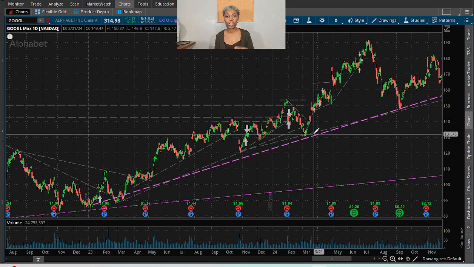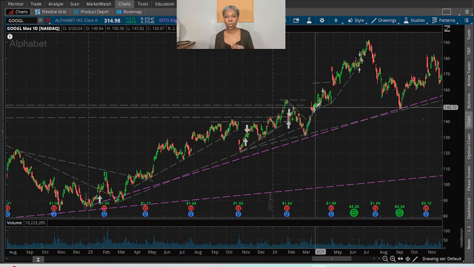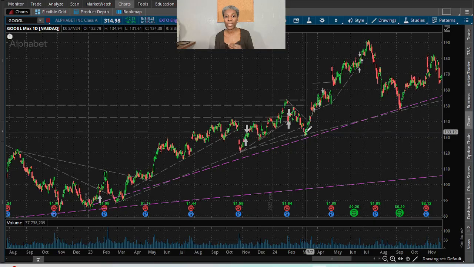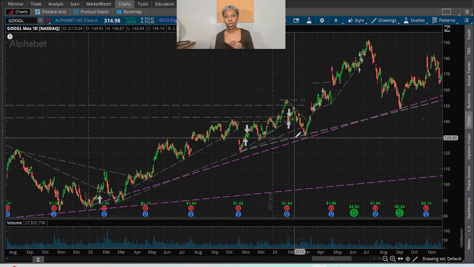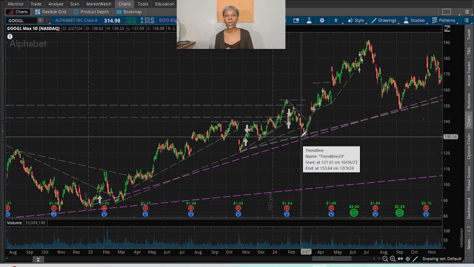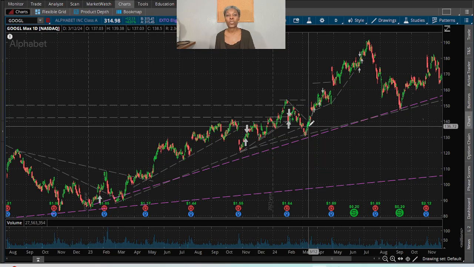Buying it close to the support line when they pull back to it, and you have higher lows and it pulls back to the support line and starts going up, you can buy.